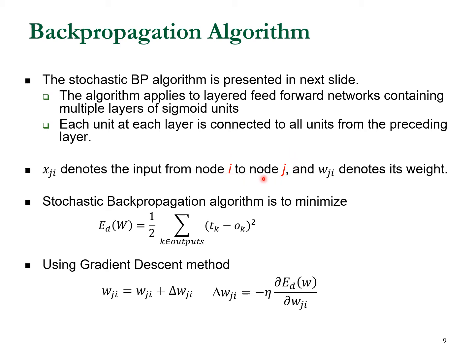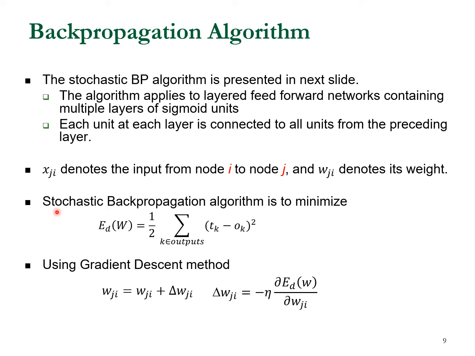Notice this notation is reversed. Similarly, w sub ji means the weight value from node i to node j. So this w_ji is the weight value for input x_ji.